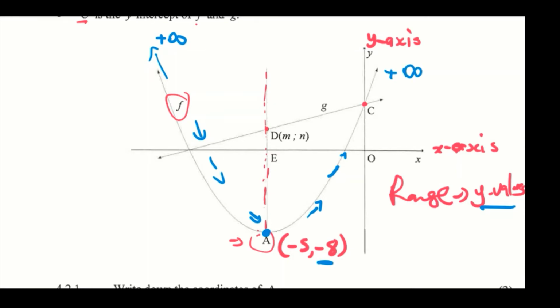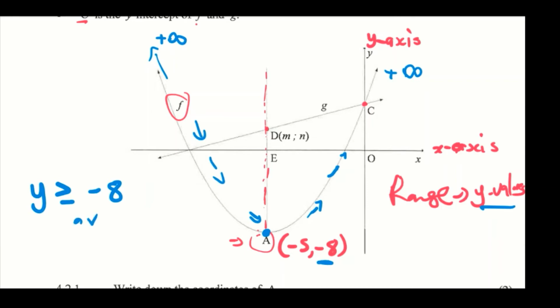So there are two ways to write down the range of this function here. You can simply say y is greater than or equal to minus 8. Why are we saying greater than or equal to? Because the equal sign means that the minus 8 is part of the graph, hence we're putting the equal sign, right?